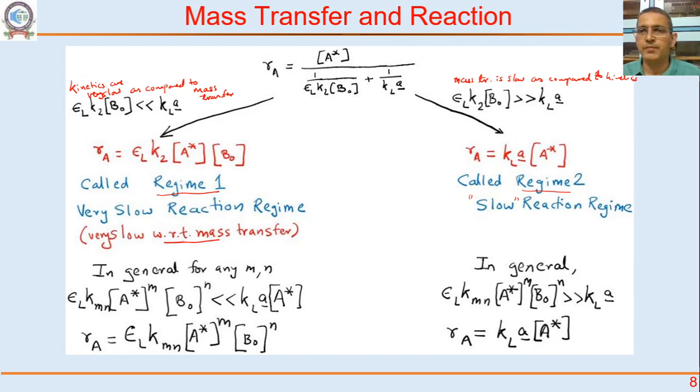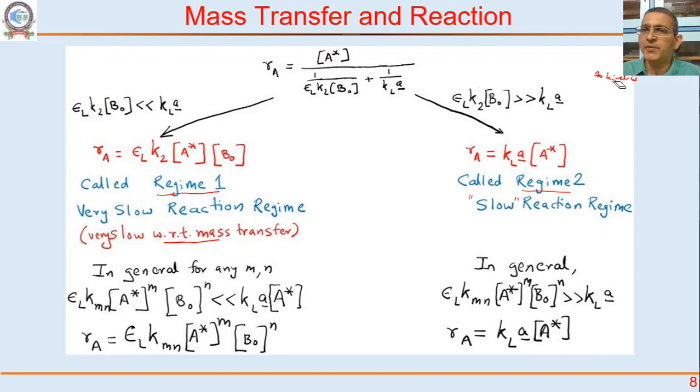Two regimes. Regime 1, very slow reaction. Regime 2, slow reaction. Regime 1, completely kinetically controlled. Regime 2, mass transfer controlled. If you want, we can call this regime 1 rather than writing it as slow.